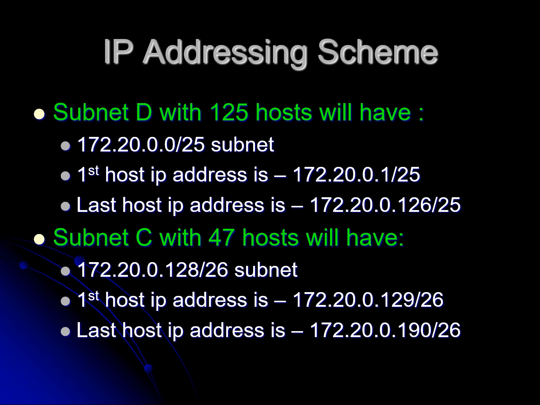Your subnet C with 47 hosts will have a subnet address of 172.20.0.128/26, and your first and last IP addresses will be .129 and .190/26.